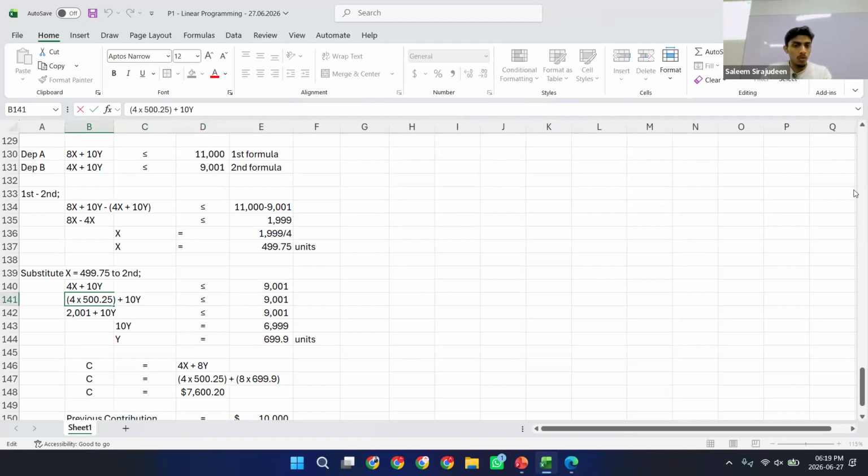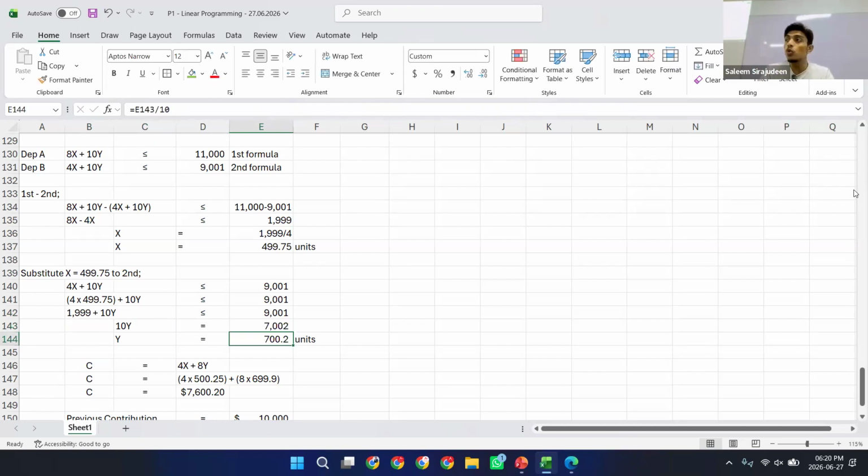Here 4 into 499.75. Then how much? 4 into 499.75, how much? 1,999. So 10y equal 9,001 minus 1,999. How much?